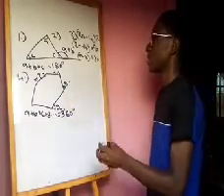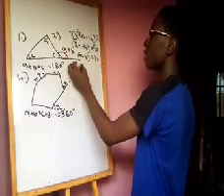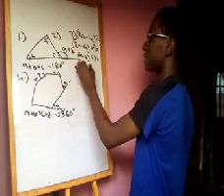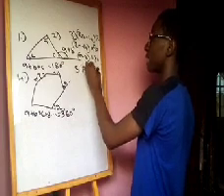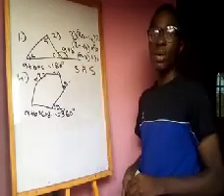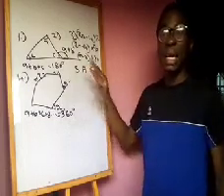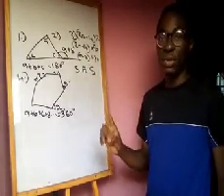The first one is that you must have 2 sides and an included angle. When you have a side, an included angle, and another side, and these three are equal, that's the first condition for congruency.